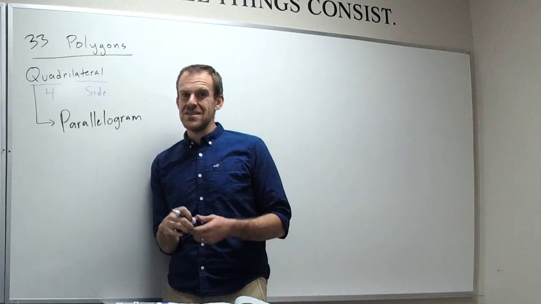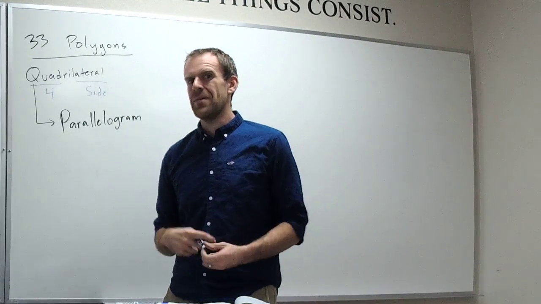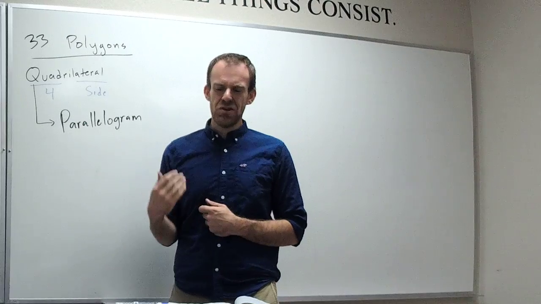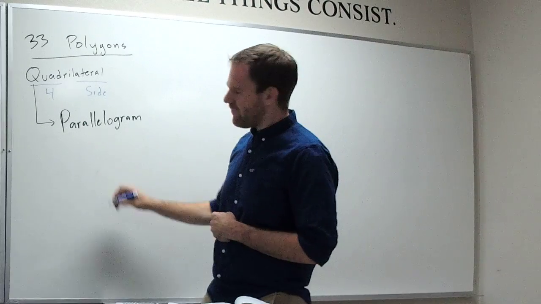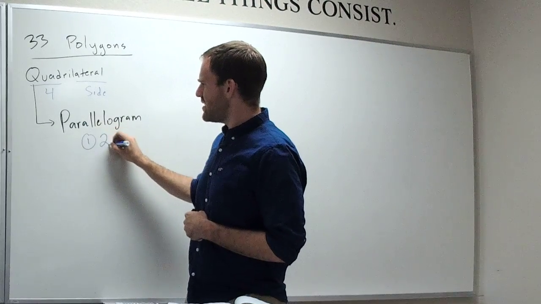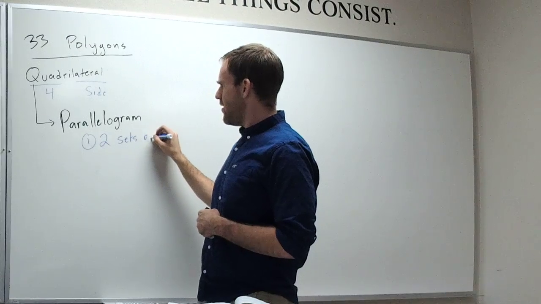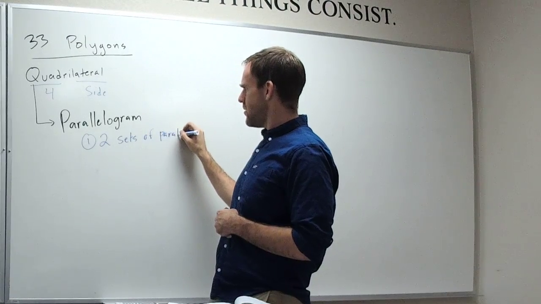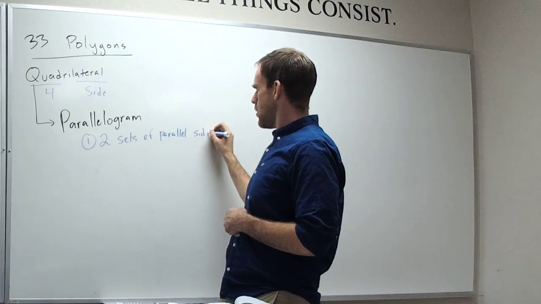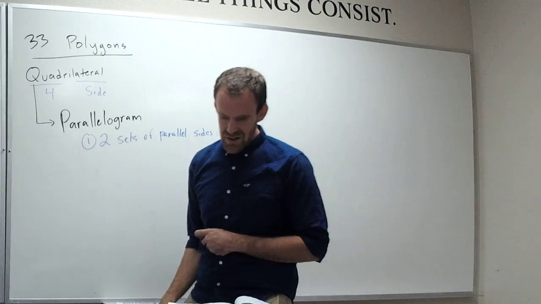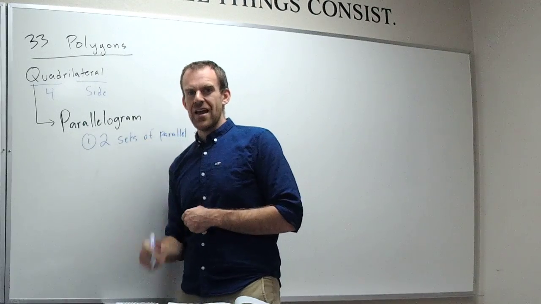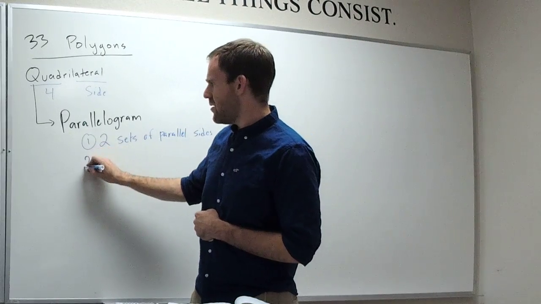And I would encourage you to take notes on this. A parallelogram has some specific properties that you need to know. Number one, it has two sets of parallel sides. Secondly, both pairs of opposite angles are congruent.